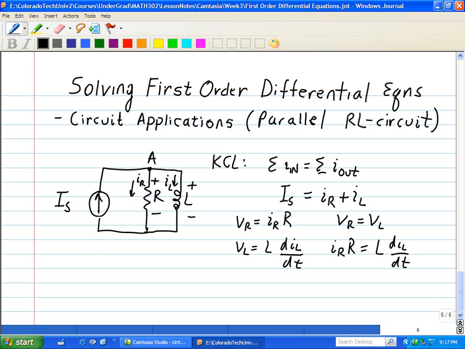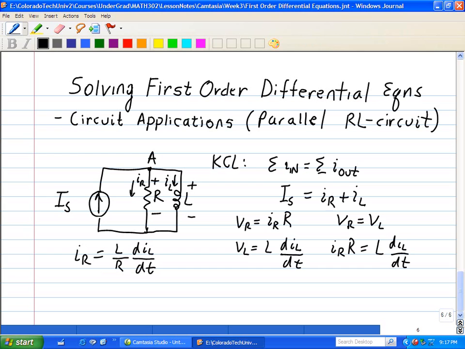Now here we can solve for I_R, which is equal to L over R dI_L/dt.